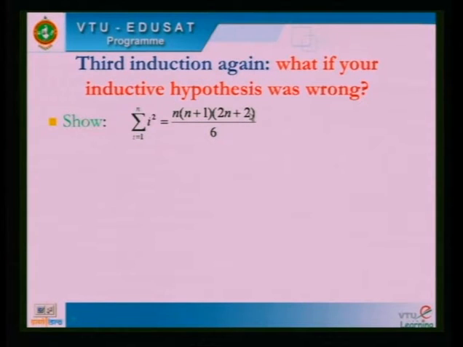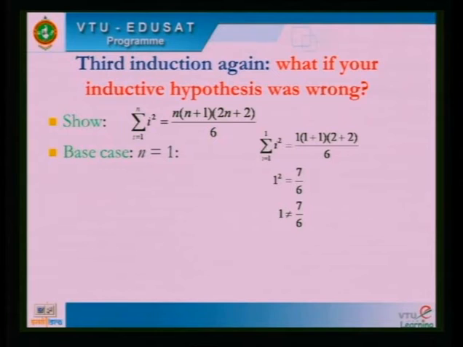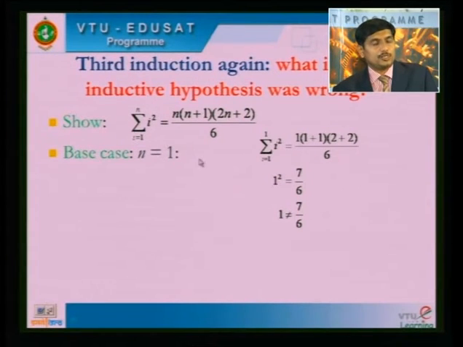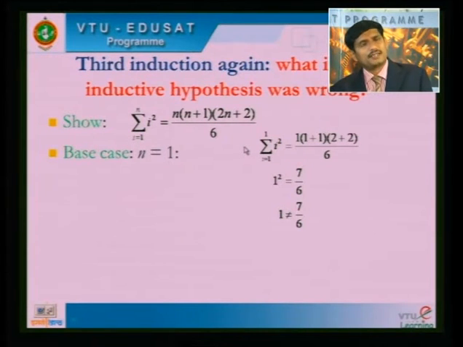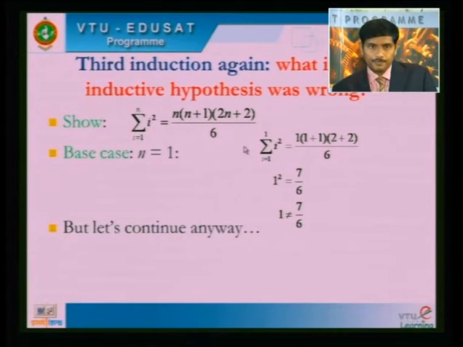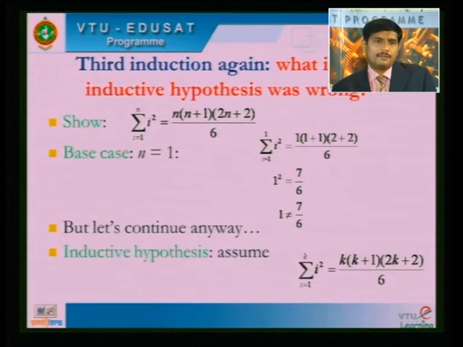In the first step itself, the base case, if you put n equal to 1, the left side becomes 1 square, which is 1, and you get that 1 is not equal to 7 by 6. Definitely this formula is not true. However, this may be true in the inductive case, but let us continue anyway.